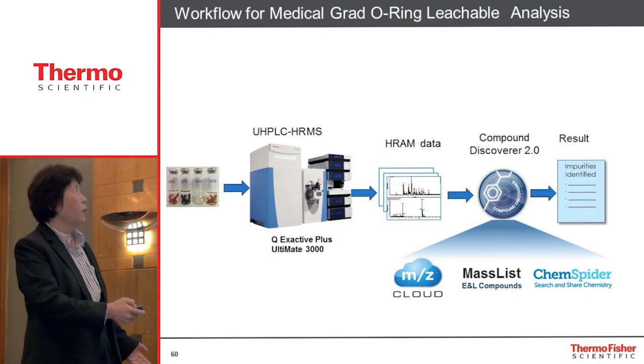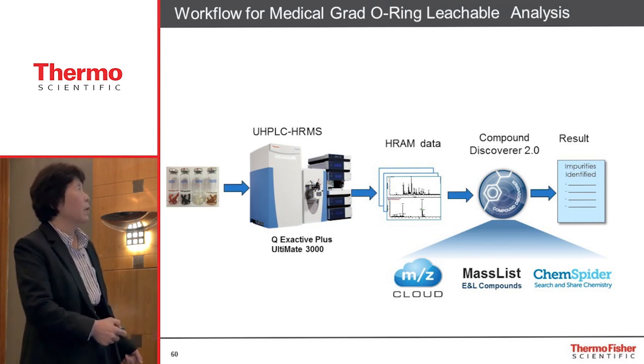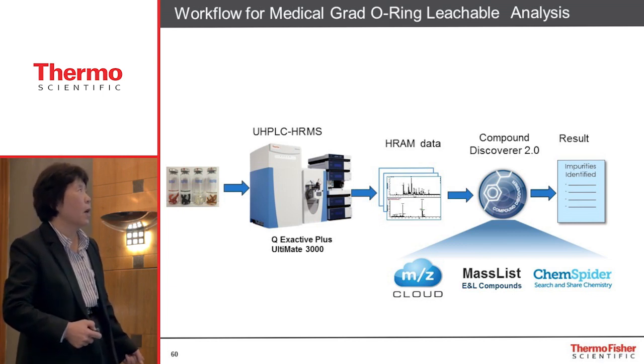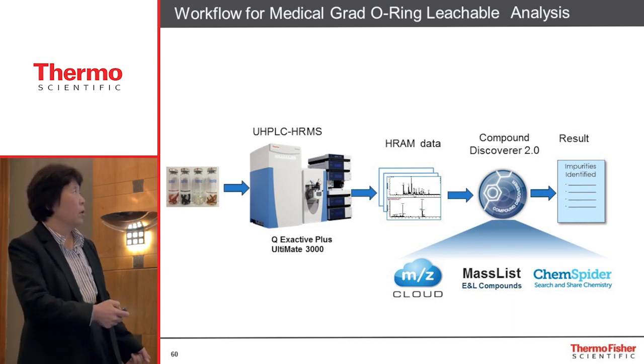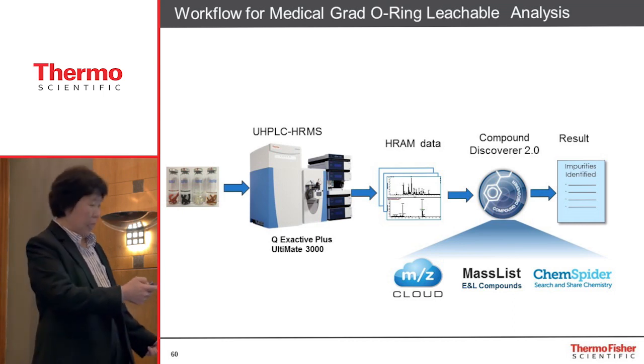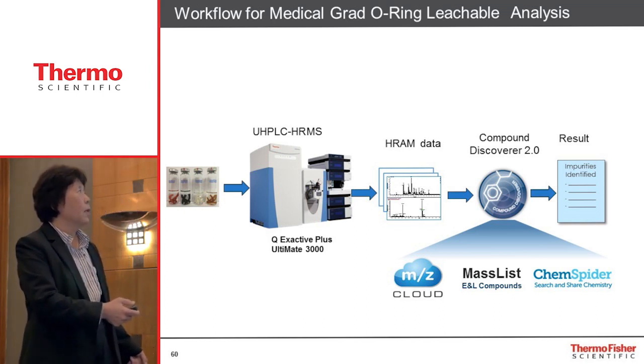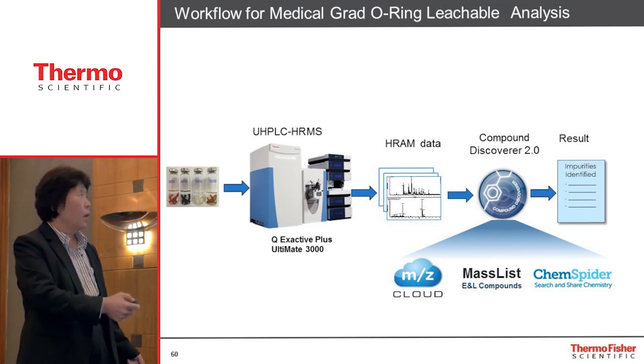So I will just quickly go through the analysis for the O-ring. I did the LC-MS on the Q Exactive Plus, and it's very simple. We just shoot in and get a whole bunch of data. The important thing I want to point out here is Compound Discoverer 2.0.